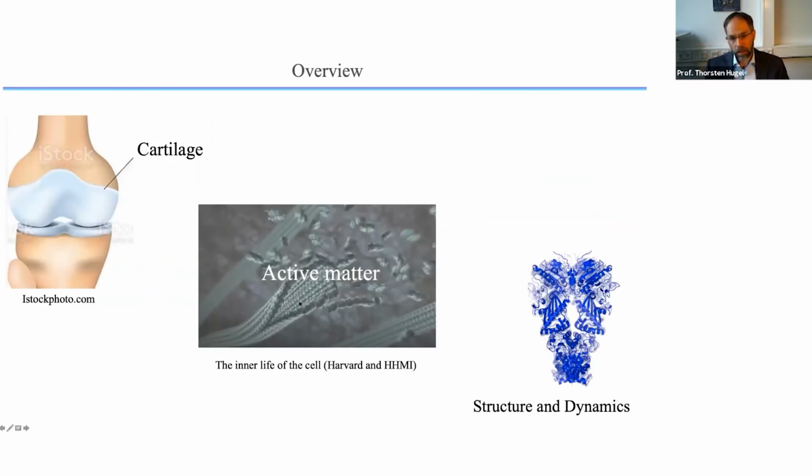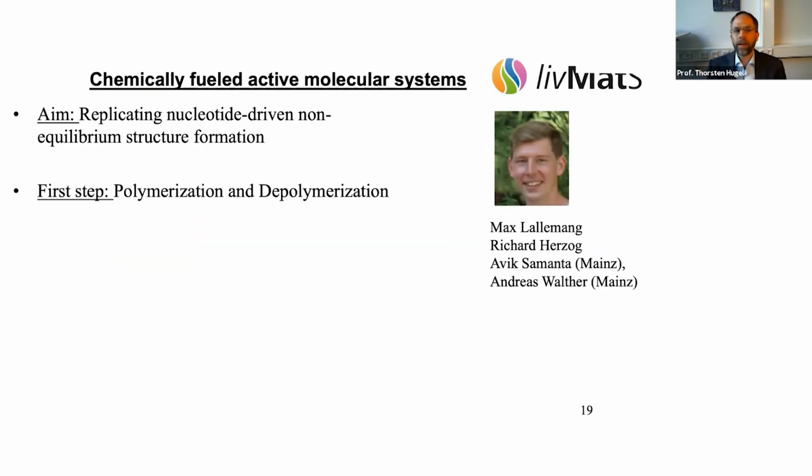And just in the last 30 seconds, I want to say that the AFM is also, I think, a great tool to look at active matter. This is something we investigate in a cluster of excellence here in Freiburg, which is called LIVMATS, Living, Adaptive, and Energy Autonomous Material Systems. You have to practice quite a bit to say it.